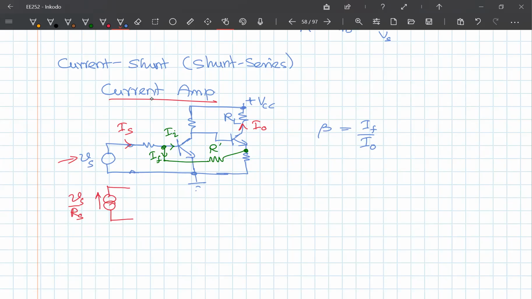How do you find that? Right? Now, in order to do that, first let's simplify this circuit by using the principles that we learned. In order to obtain the input circuit, what do we do? So first, we replace the voltage source with the current source, right? So therefore, let me initially do that.